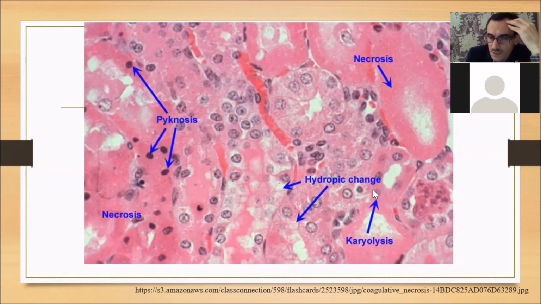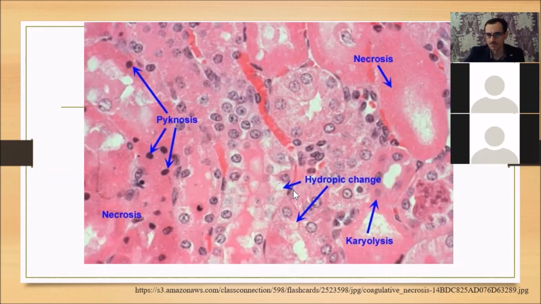We find the cellular structures here, but they undergo lysis, dissolution. And they undergo the hydropic change. After the hydropic change, they undergo pycnosis, rhexis, karyolysis, and finally become necrotic.